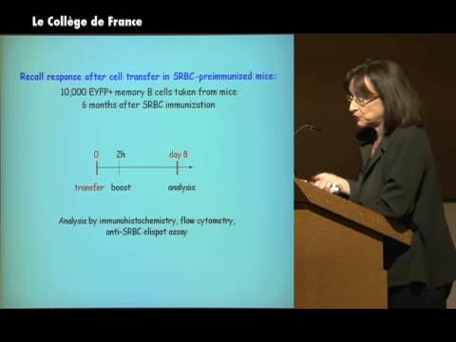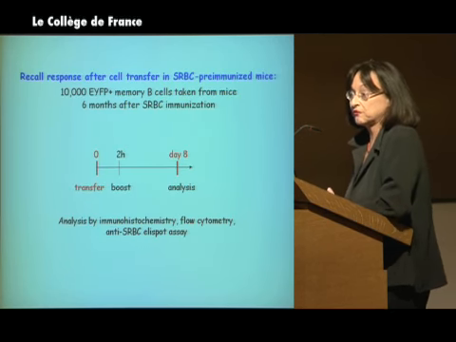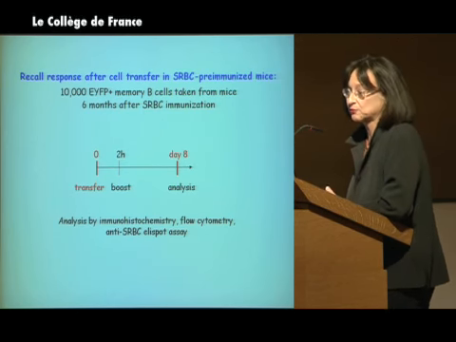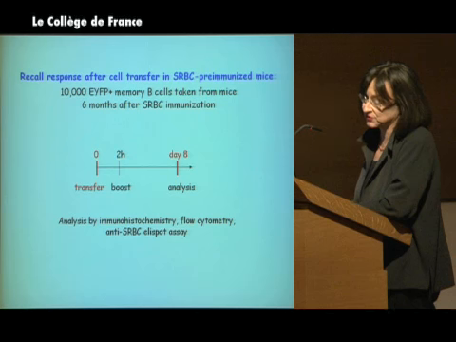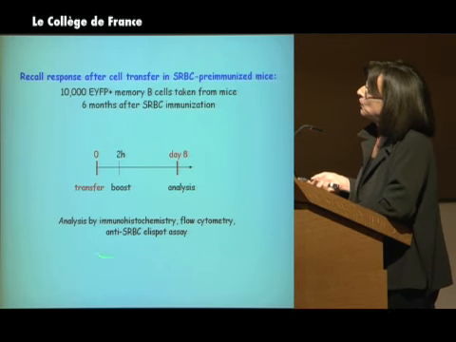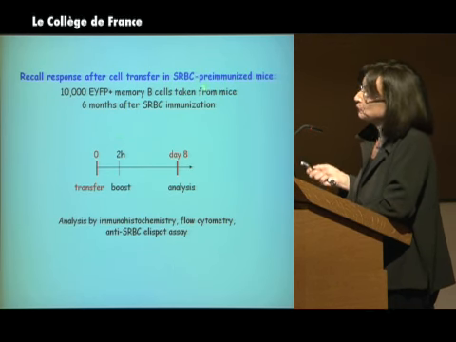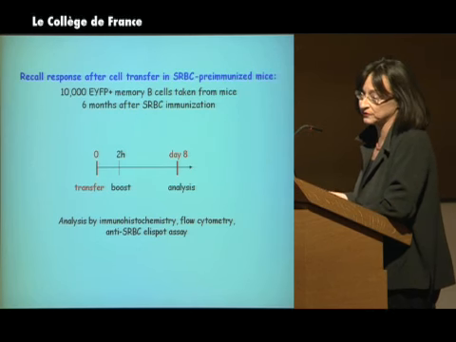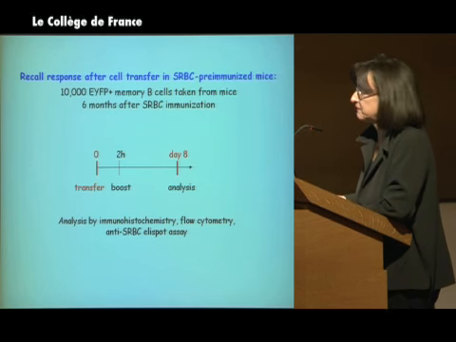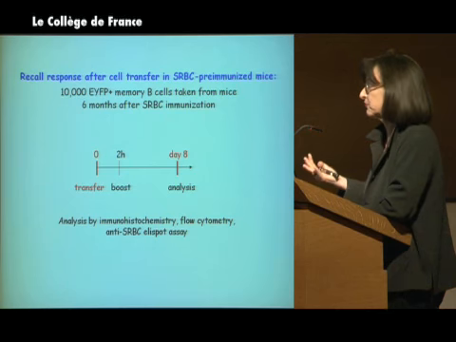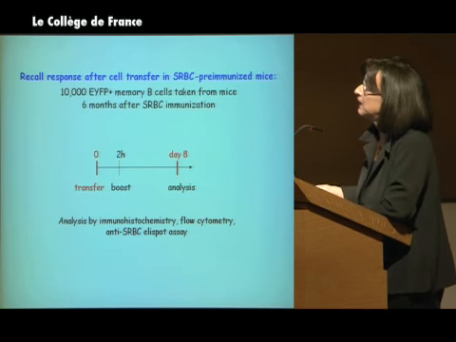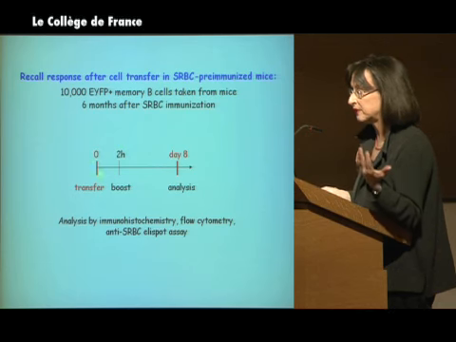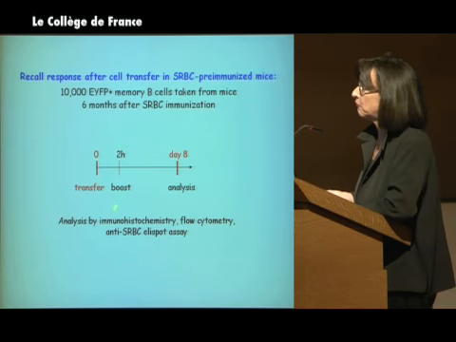So we wanted to ask what is the function of this subset. We have IgM, we have IgG, we have cells within germinal centers and outside germinal centers. So we made a recall response after transferring subsets sorted on the IgM or the IgG phenotype and on the PNA plus or the PNA minus phenotype, transferred into an animal that had been pre-immunized several months before.